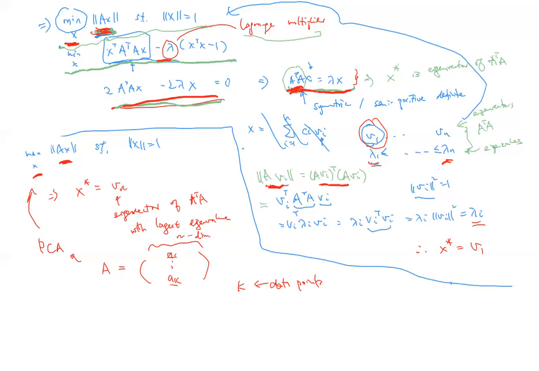Now in terms of PCA, I would like to find a projection where the data points are most meaningful. For example, if you think of 2D, maybe I have several points here.